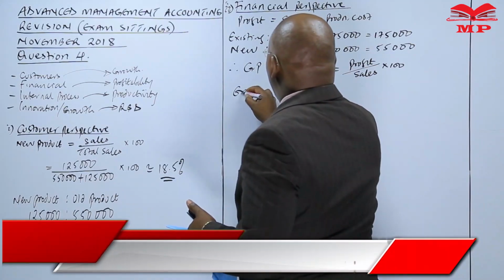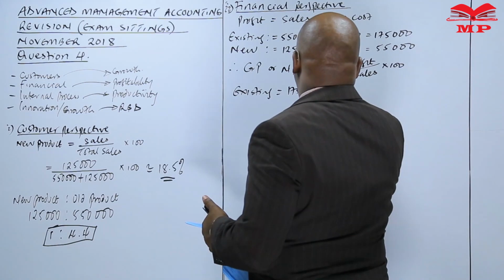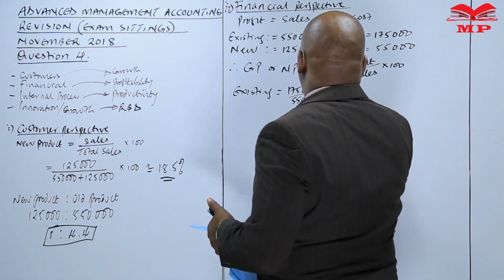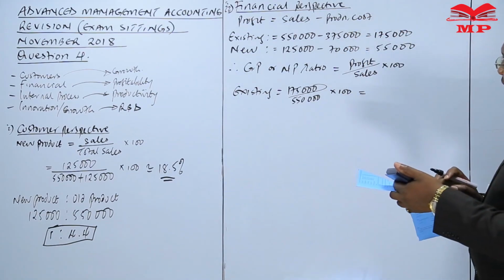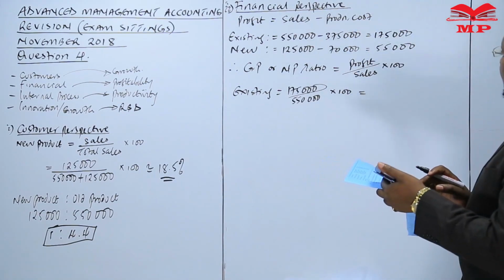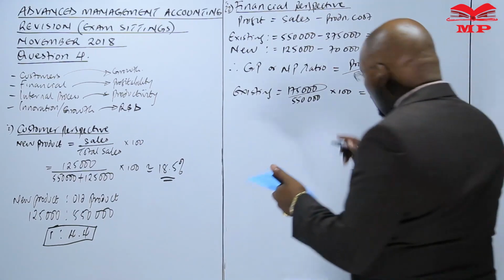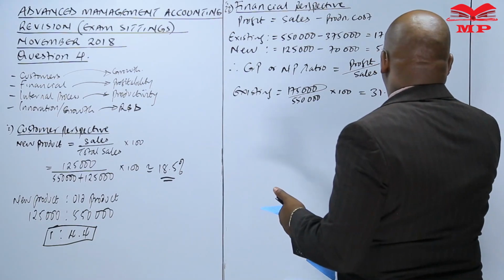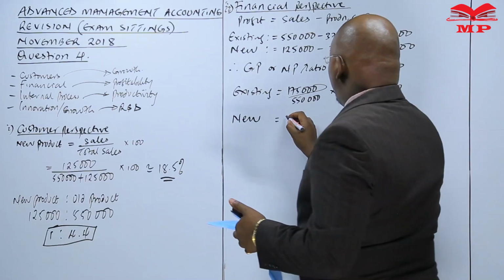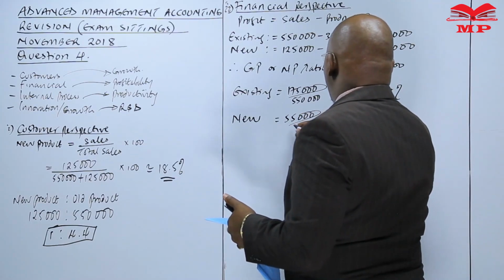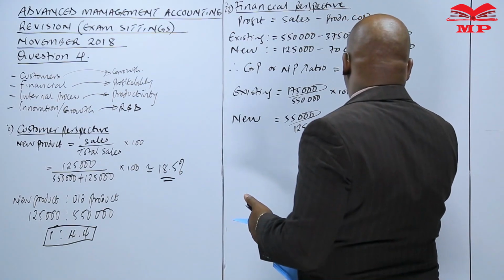So you have existing equals 175,000 divided by 550,000 times 100, which will be 175 divided by 550 times 100, giving us 31.8. But the new, it is 55,000 the profit divided by the sales, which is 125,000 times 100.